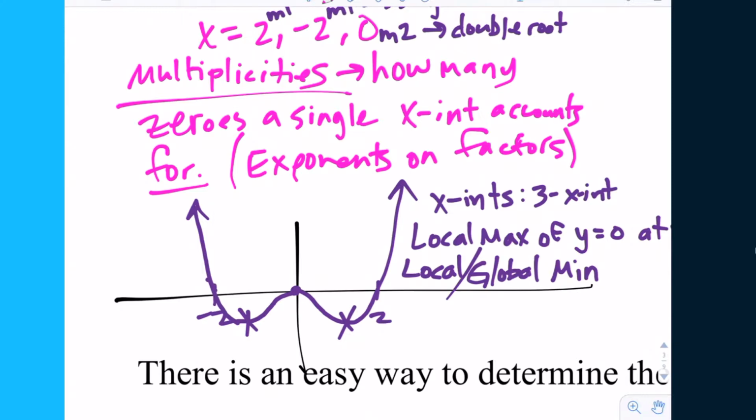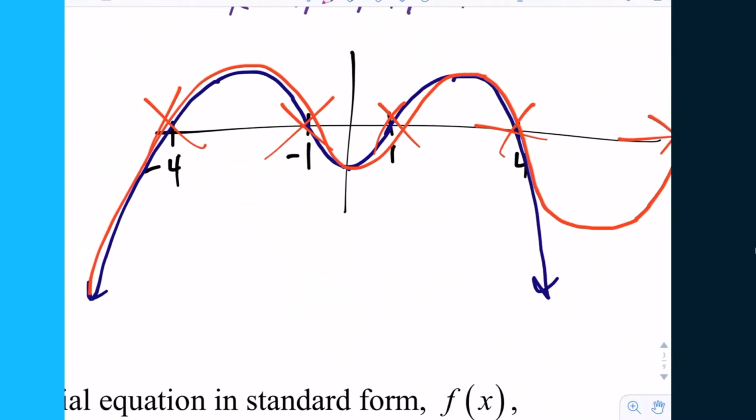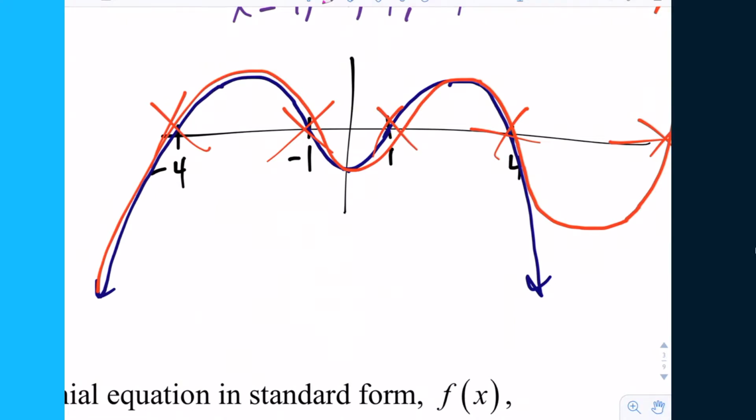one now has 3 local extrema, 2 mins and 1 max. So we jumped from 1 local extrema to 3, and then finally this one over here had how many x-intercepts? It had 4 x-intercepts, and that's at most. But it still had 1, 2, 3 local extrema. Okay, so just kind of summarizing, a fourth degree polynomial can have what combination of x-intercepts?